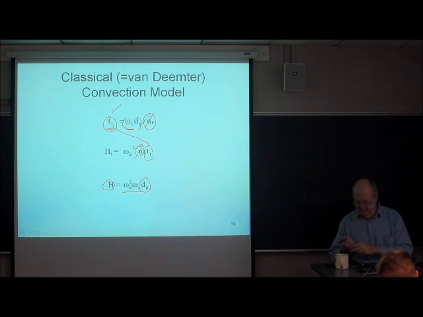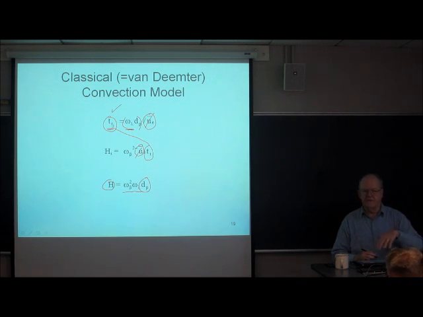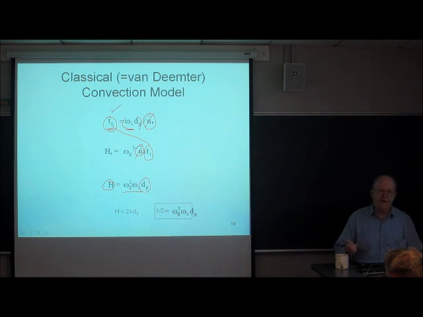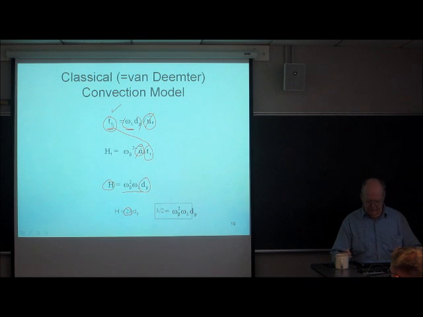Now, Van Deemter didn't exactly derive it the same way, but he came up with an equation which he wrote as H equals 2 times some constant of proportionality lambda times the particle size. So clearly lambda over 2 is going to be equal to, there's no dp there.